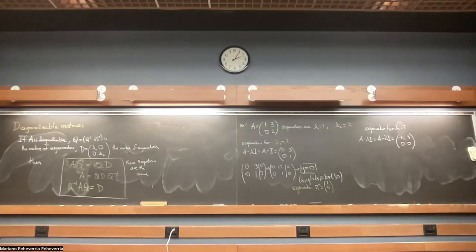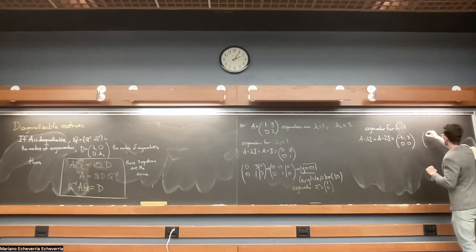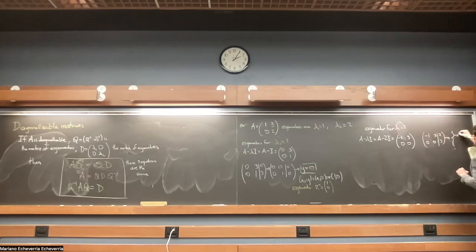Okay. So the null space in this case is kind of easier. There's no reduction needed. This is telling you that minus x plus 3y equals 0, right? So you know that x equals 3y.